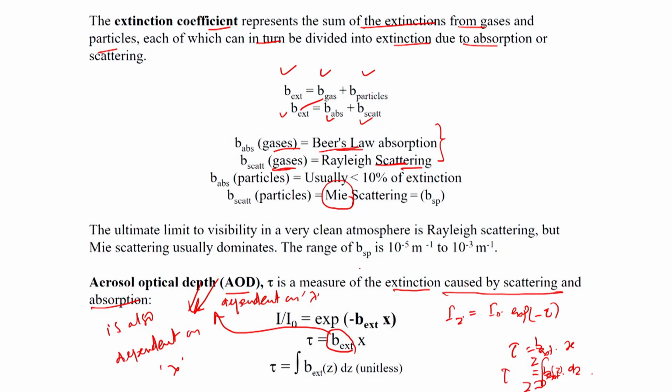This Mie scattering, which is the scattering due to the particles, is also sometimes written as BSP, or BSCAT, or sometimes BSCAAT with double T. Usually, if you calculate B absorption upon B extinction, this is actually less than 10%.